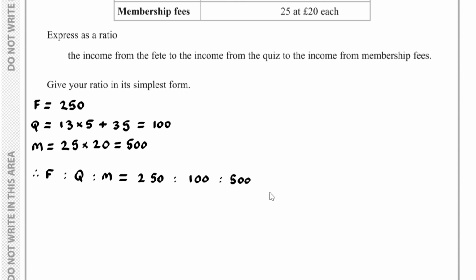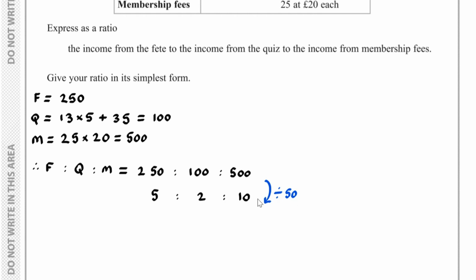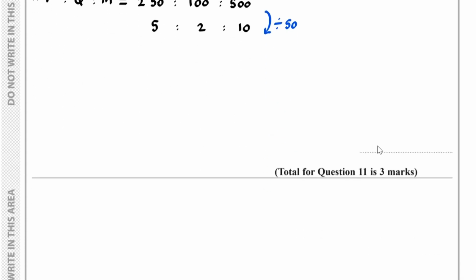And the way we can do that is by dividing through by 50. 250 divided by 50 is 5, 100 divided by 50 is 2, 500 divided by 50, that is 10. So the ratio in its simplest form is 5 to 2 to 10.